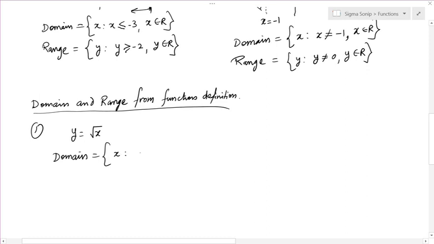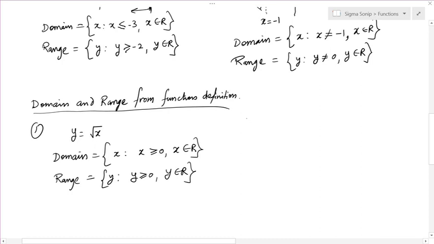So it's x such that x is greater than or equal to 0, and then x is a real number. And range, we'll see that because this is positive, y will always be greater than or equal to 0. So that's the range of this function.